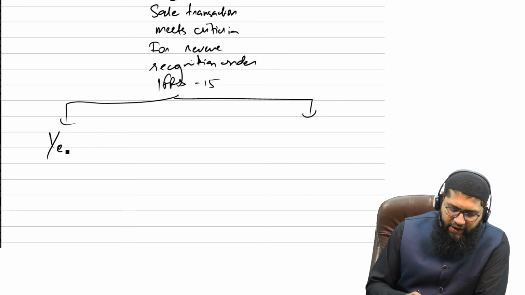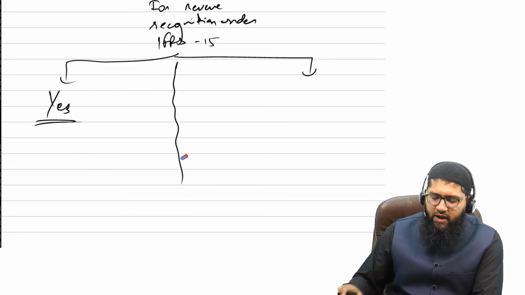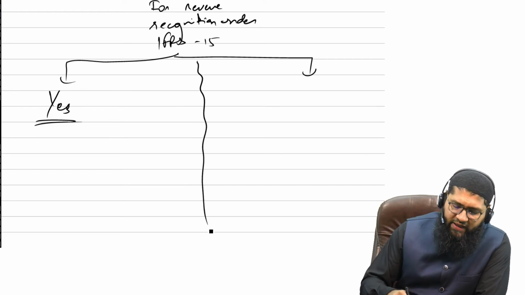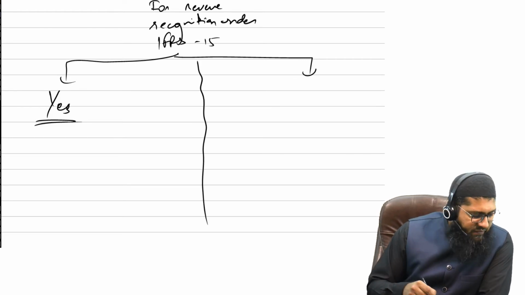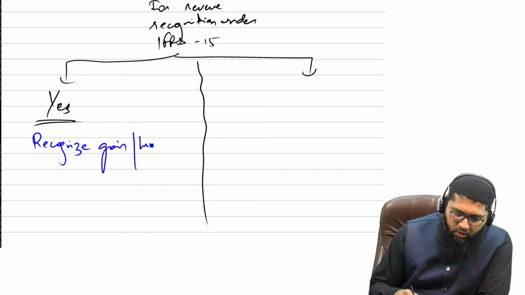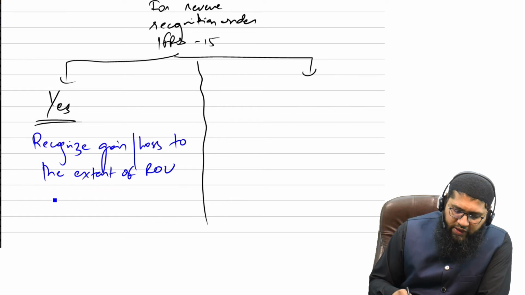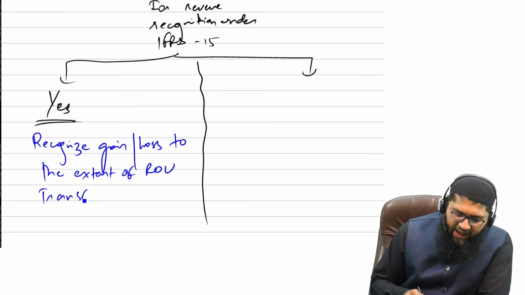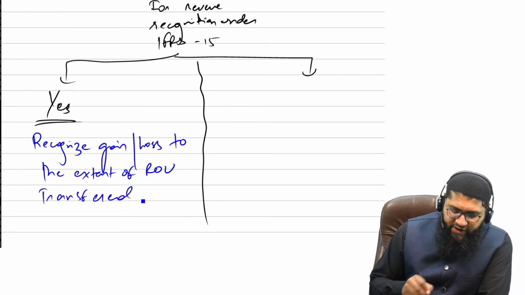So let's say the sale meets the criteria for revenue recognition under IFRS 15. What exactly are you going to do? As per IFRS, you are going to recognize the gain and loss to the extent of right of use of the asset transferred.